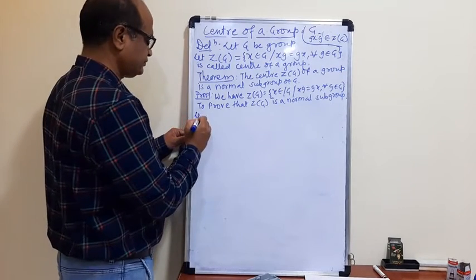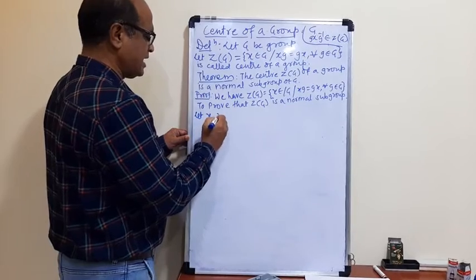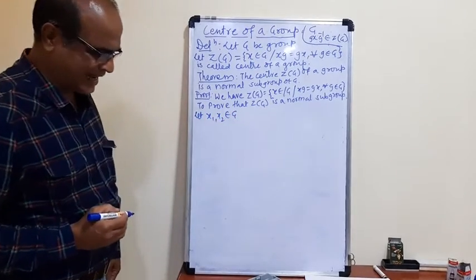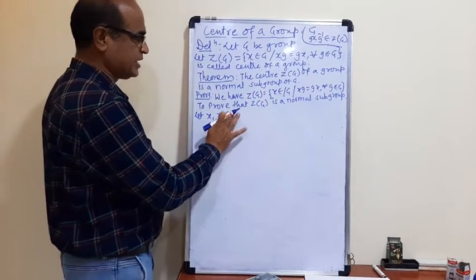Let x1 and x2 be two elements of G, and consider them to be elements of Z(G).